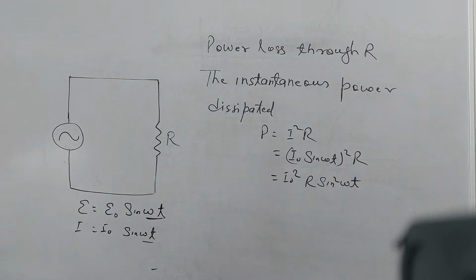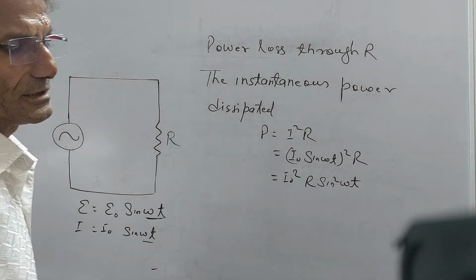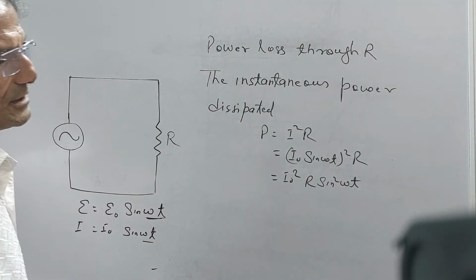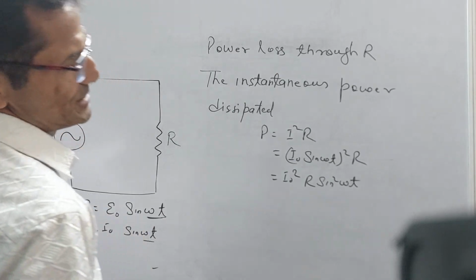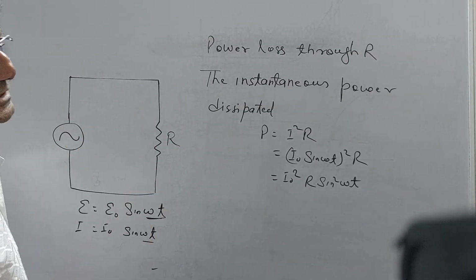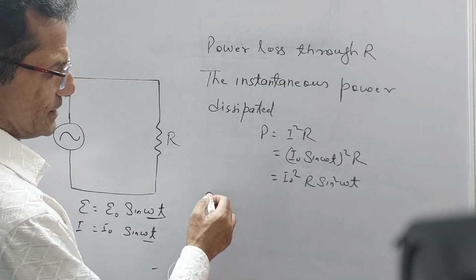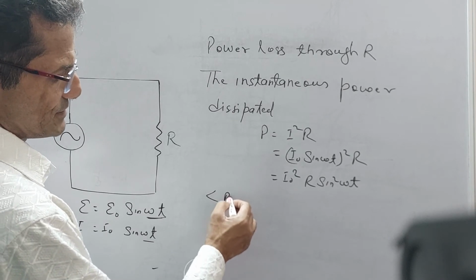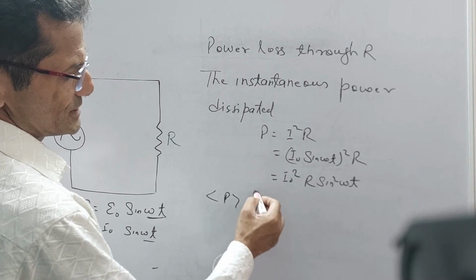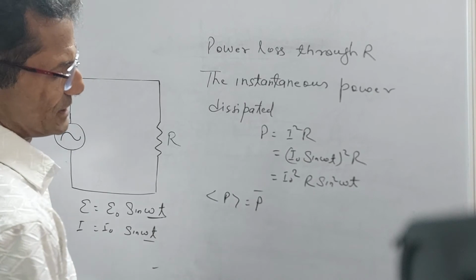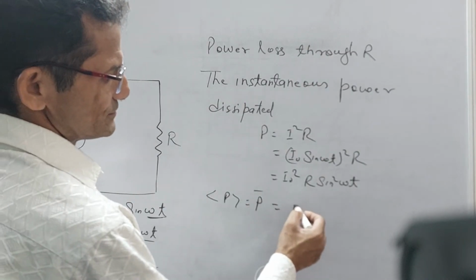Now we need the time-averaged power dissipated in the circuit containing only the resistor R. Let us represent the average power as P bar.